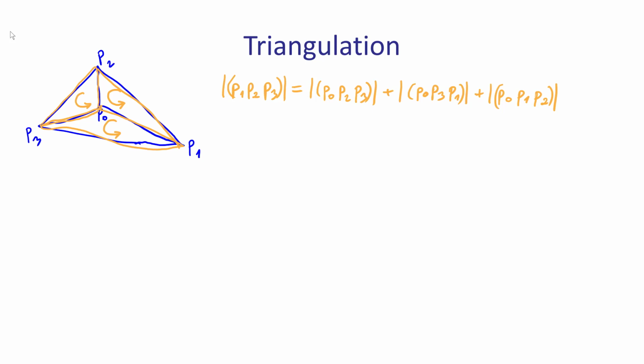Since we are using always counterclockwise direction from our previous discussion, all of those determinants are positive. Therefore, we could remove all of the absolute values, so we can write the following.